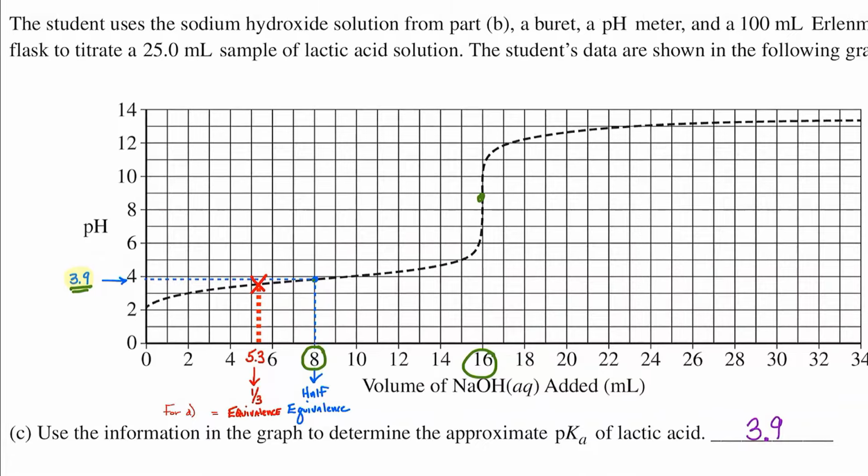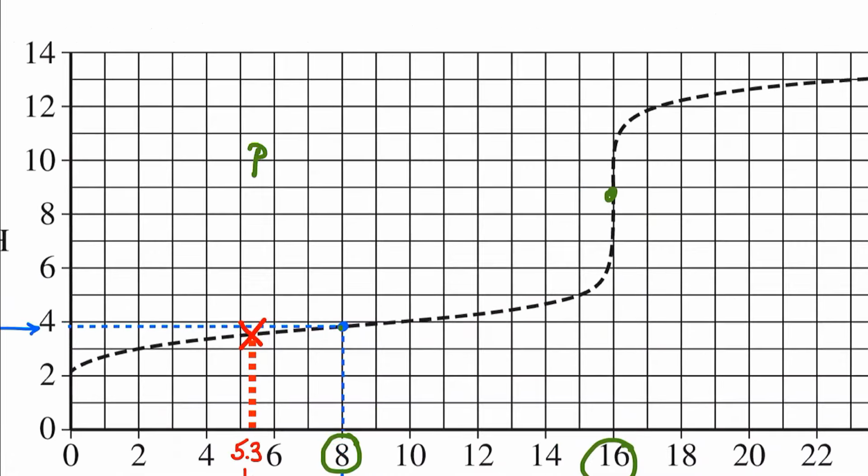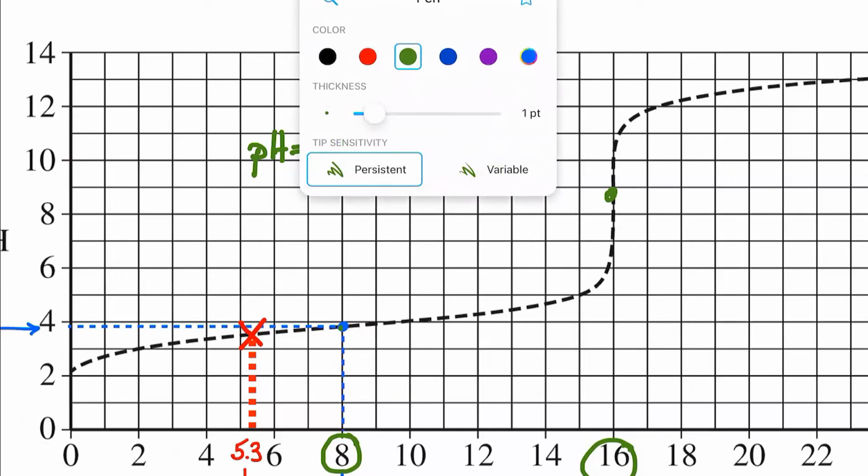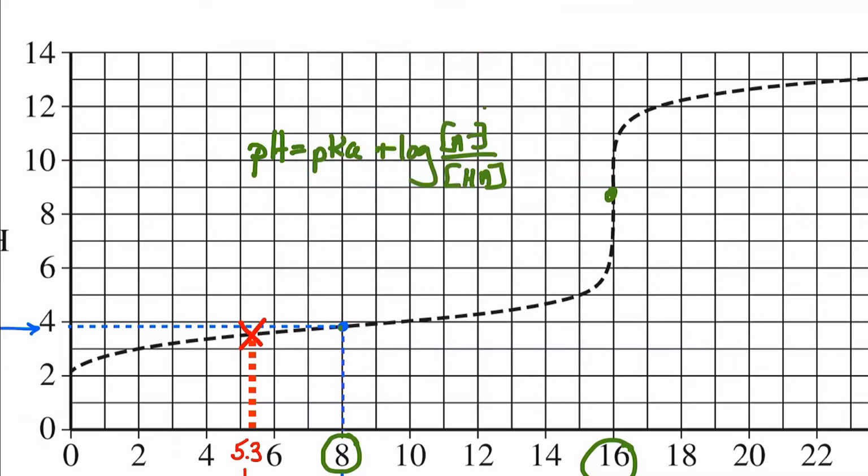For those that don't know why that's the case, it's because of the Henderson-Hasselbalch equation: pH equals the pKa plus the log of the concentration of the conjugate base over the concentration of HA. At half equivalence, that ratio goes to 1, and the log of 1 is 0. So this term goes away, and that's why pH equals pKa at half equivalence.